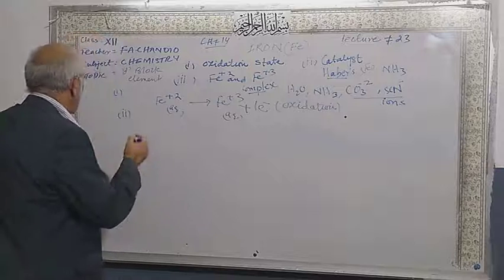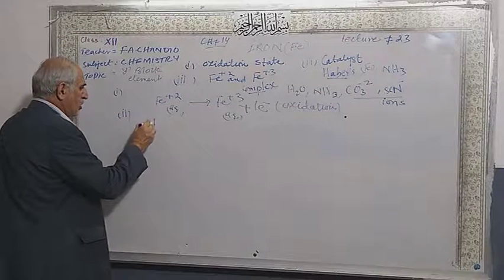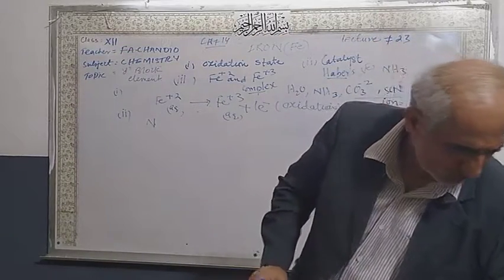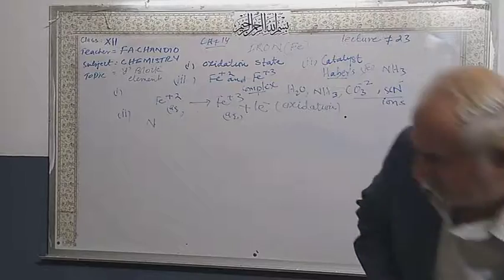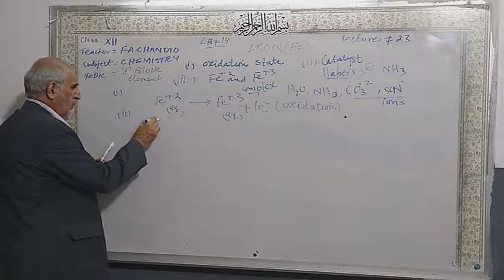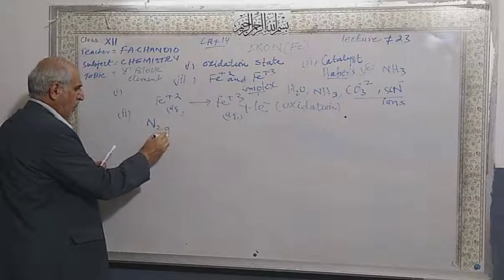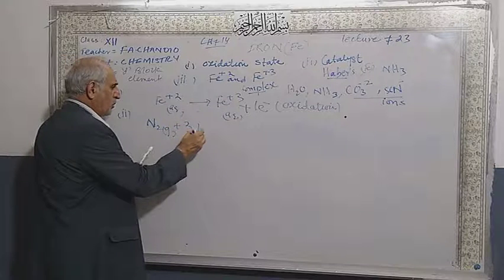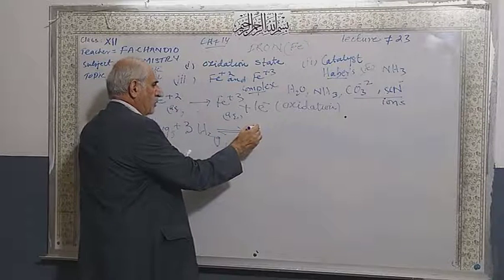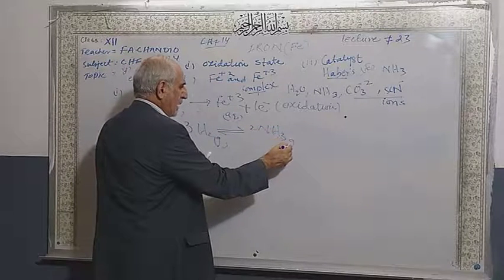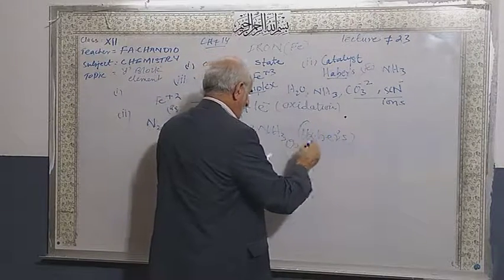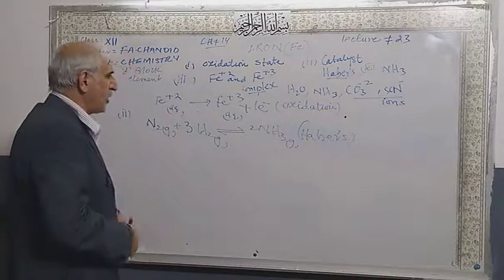Ammonia is going to be prepared: nitrogen gas plus 3 moles of hydrogen gas in equilibrium to form ammonia gas. This is the Haber's process for the preparation of ammonia.